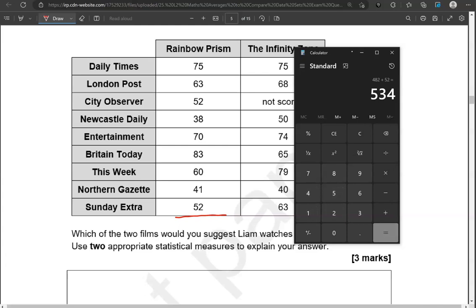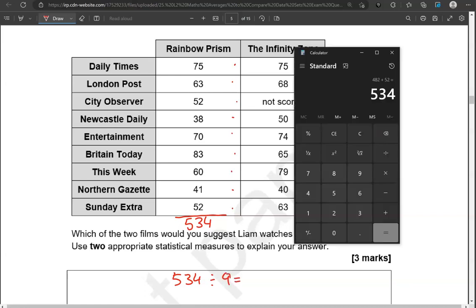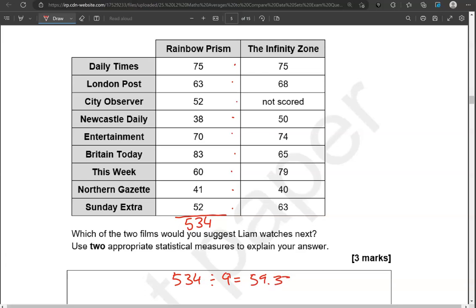So 534. So I'll do 534 divided by 1, 2, 3, 4, 5, 6, 7, 8, 9. Which is 59.33 to 2 decimal places.